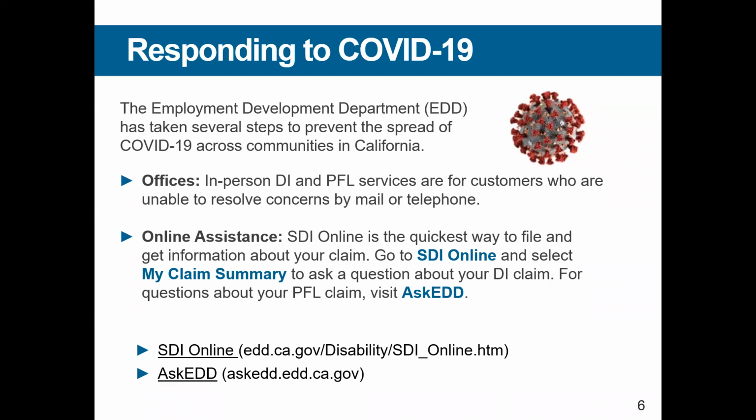For disability insurance, they can go to My Claim Page Summary. And for PFL questions, they can ask questions using Ask EDD. Both web pages are listed here on this slide, and they are great tools for reference. Additional questions can be asked using the DI and PFL toll-free numbers, which I will give to you at the end of the presentation.